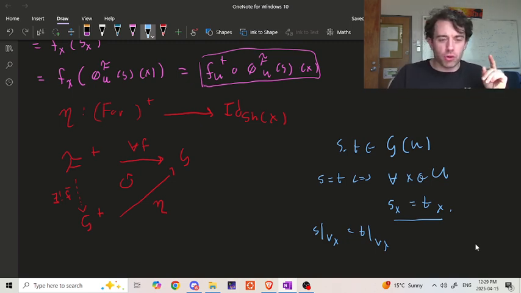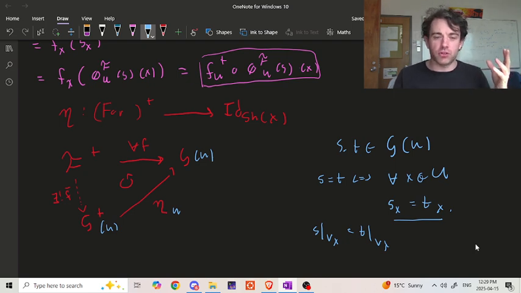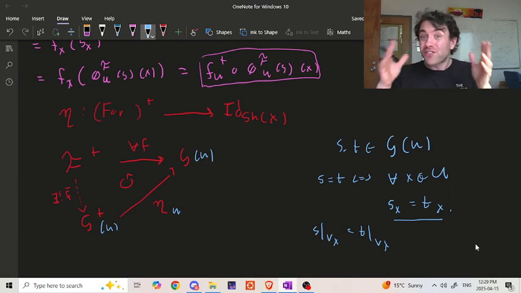Also, we need to define what theta_U is going to do, a map from G plus to G of U. But actually, we already defined this map as well.